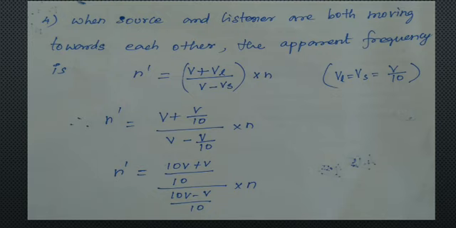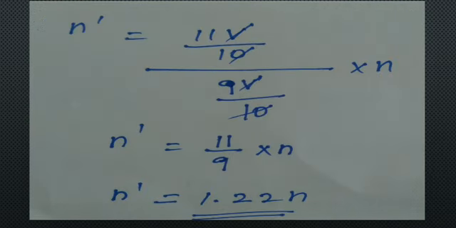I am taking LCM and simplifying. So n dash is equal to 11v divided by 10, divided by 9v divided by 10, into n.